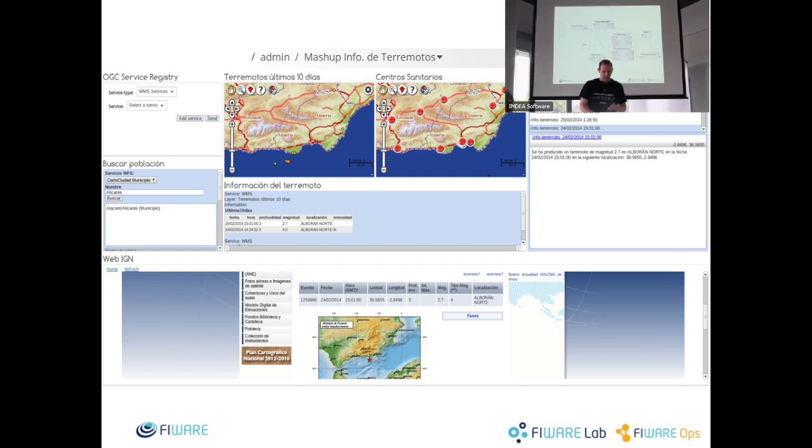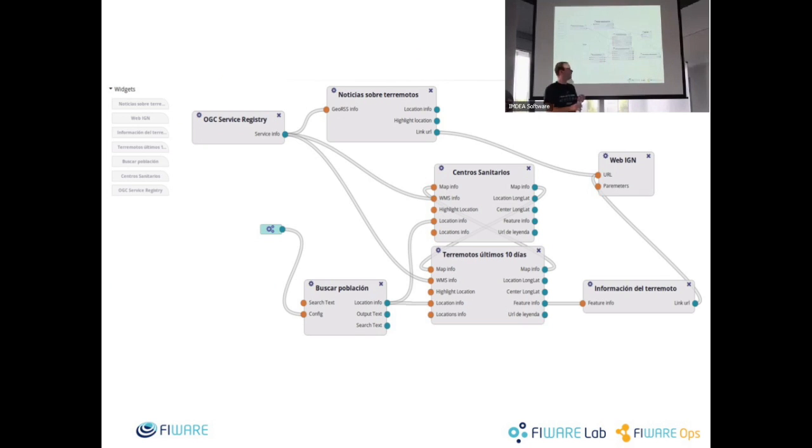This is the wiring, the connections of the widgets of the latest interface. The boxes that you see here are the widgets, and these orange and green, blue buttons are the input and output connections that allow you to customize the wiring. The white ones are blue colored, well, depending on the screen.